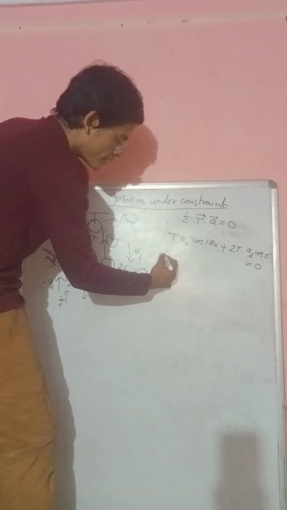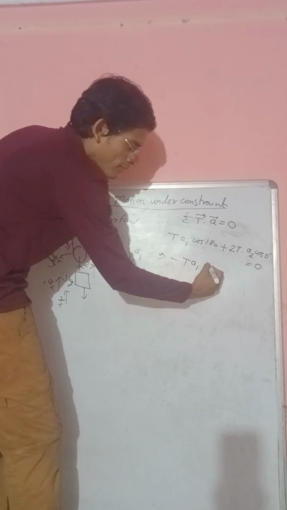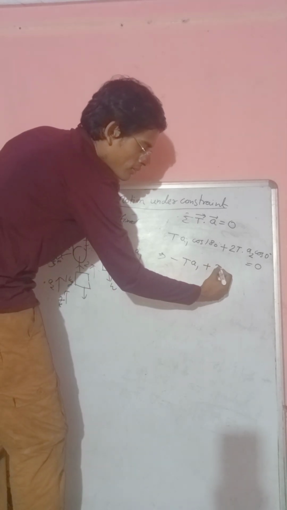Now let's see. Cos of 180 is -1. So minus T A1.